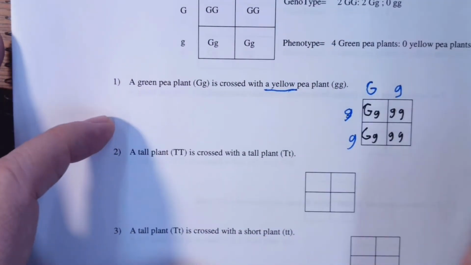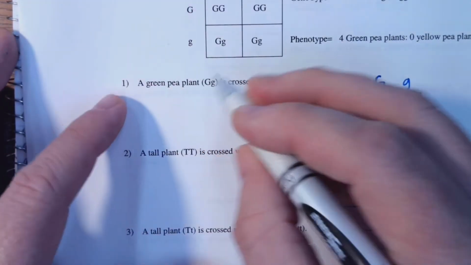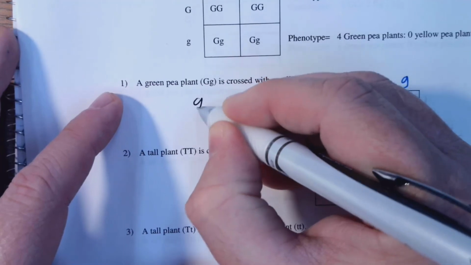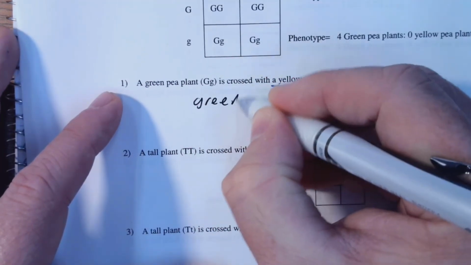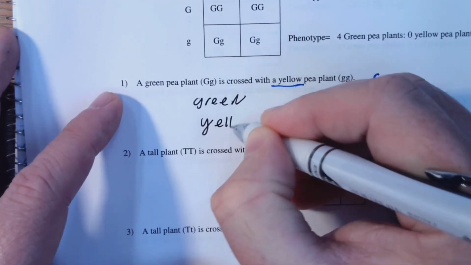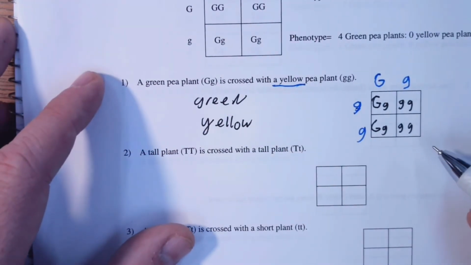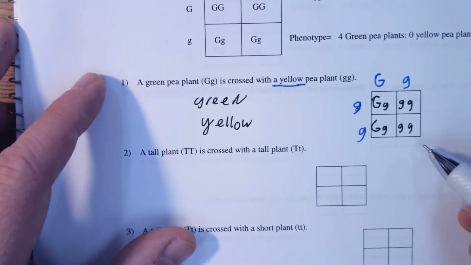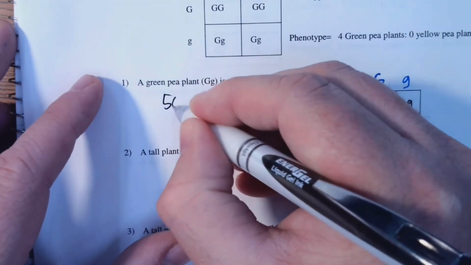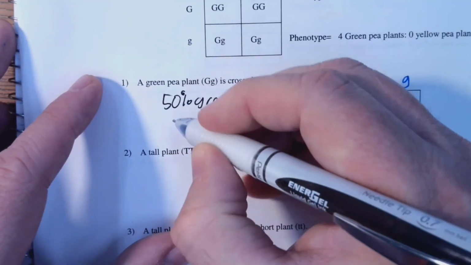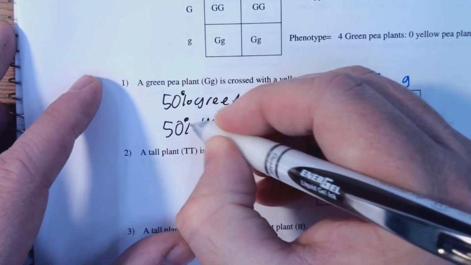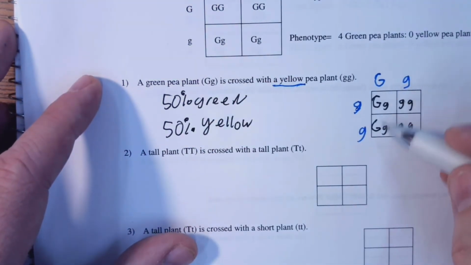We're going to get green plants out of the seeds, and we're going to get yellow. Okay, what percentage is going to be green? It's going to be 50% green and 50% yellow. Right? Because the dominant's going to win here.